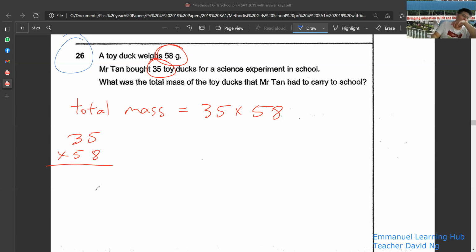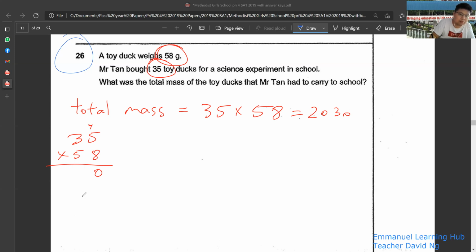You do this together. 35 times 58. 2030. Okay, how do you get 2030? 8 times 5 equals 40.